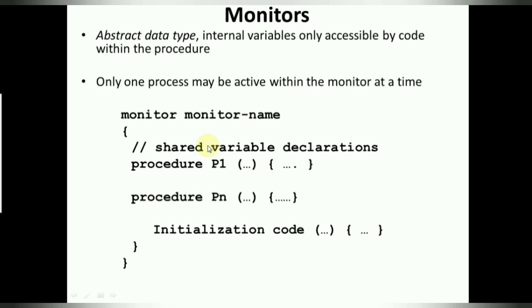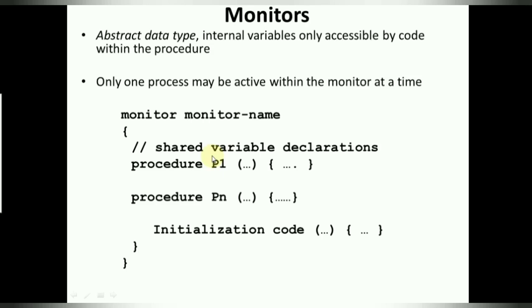These procedures defined within the monitor can access only those variables that are locally declared within the monitor and its formal parameters. And the local variables of the monitor can be accessed only by those local procedures as well.